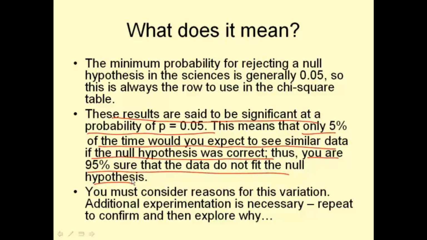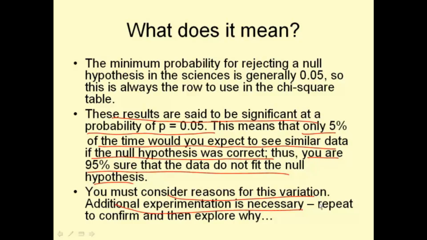And we now have to consider reasons for the variation, additional experimentation, repeat it to confirm, explore why they were drawn to that substance. So you can see that this would be a good test to do anytime that you're getting quantitative data and you want to figure out if your results are significant versus just random chance.